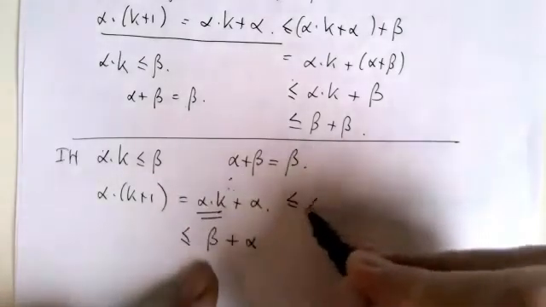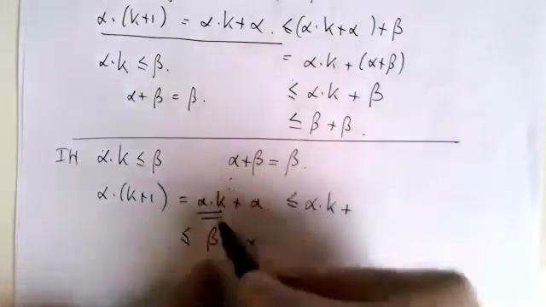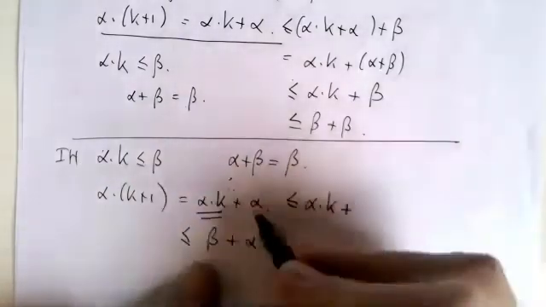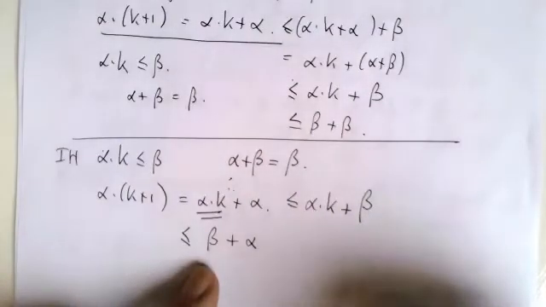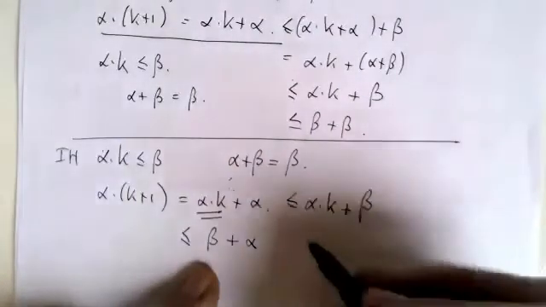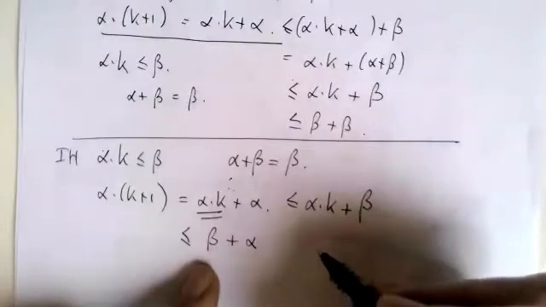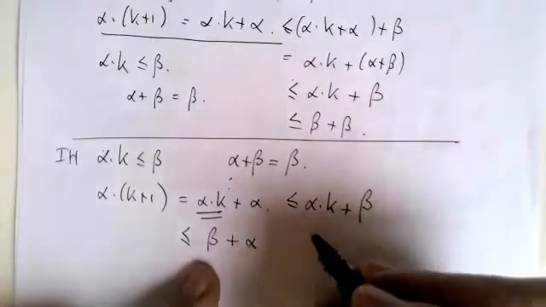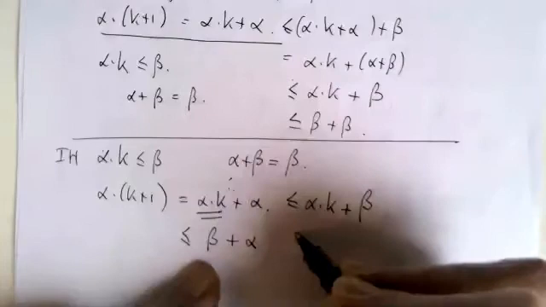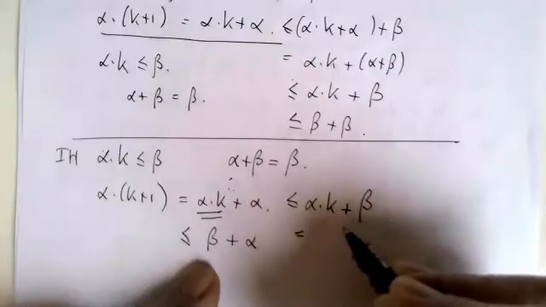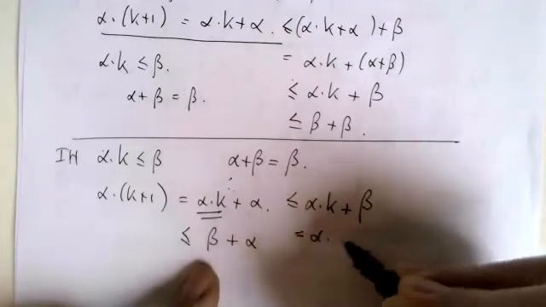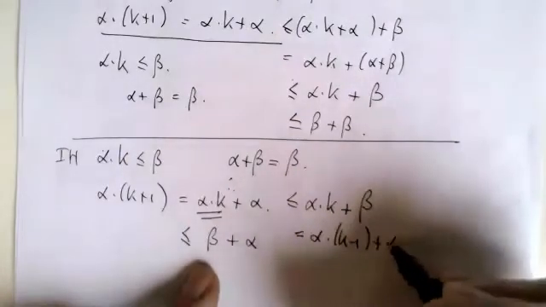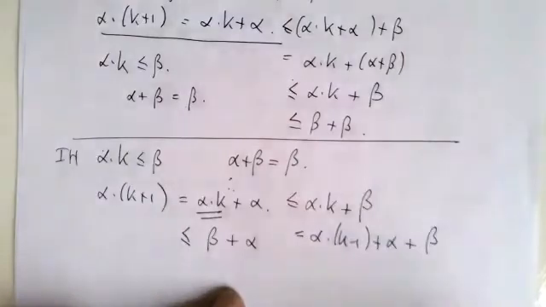So this I can say is alpha times k, and alpha is less than beta, so that's less than this. And alpha times k plus beta, oh, I can then just say this is alpha times k minus 1 plus alpha plus beta here.